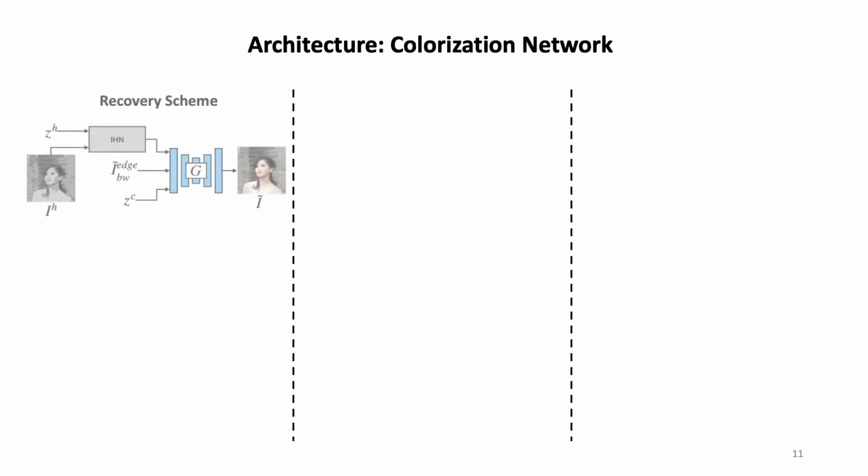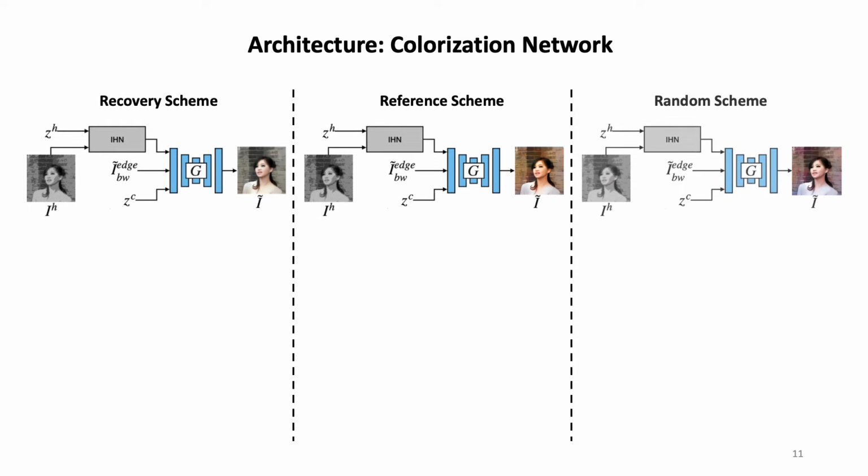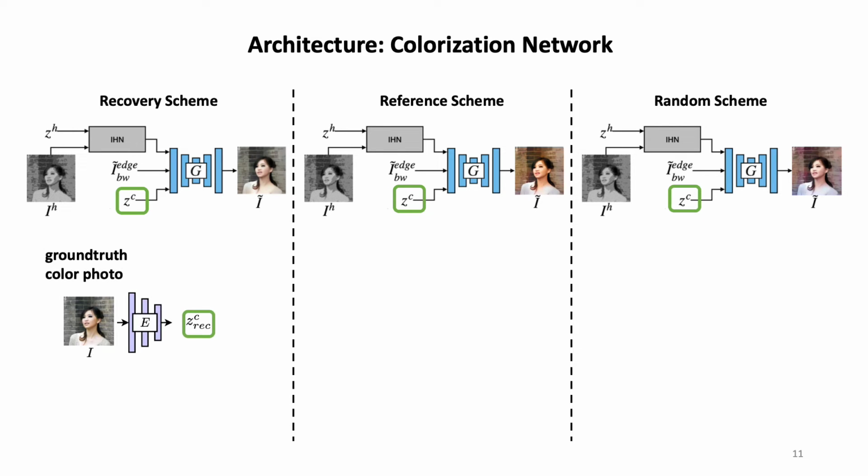The output of IHN, its H-map, and a color latent vector, ZC, are now taken as the input to the colorization network. In the colorization network, we have three different training schemes: recovery scheme, reference scheme, and random scheme, since our method aims to support random colorization and exemplar-based colorization. The main difference of each scheme is the source of the color latent vector, ZC. In the recovery scheme, we use an encoder to transform the corresponding ground truth color image into the color latent.